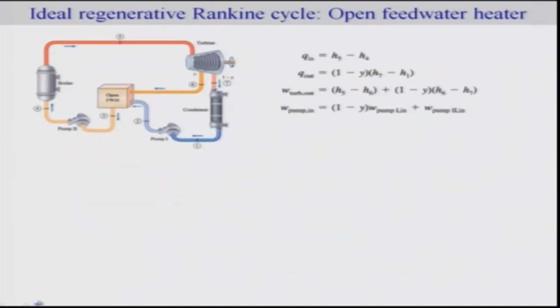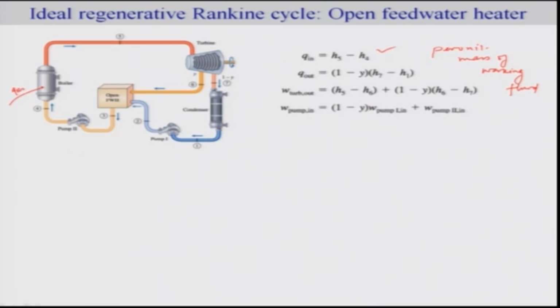Now we can also evaluate the heat supplied to the boiler, okay. So Q in here is simply the change in enthalpy, that will be your H5 minus H4. What about Q out? So now this Q in is per unit mass of working fluid. Here the working fluid, we can consider this m5.